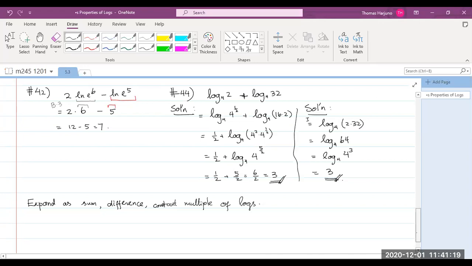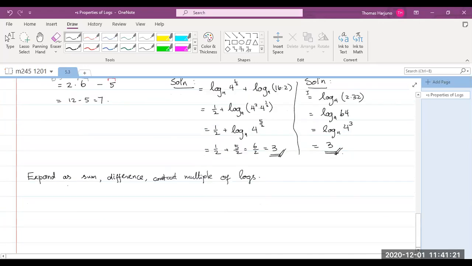Suppose, for example, I do number 52, natural log of cube root of t. That's natural log of t to the 1/3. And I bring that 1/3 to the front. That's for natural log of cube root of t.